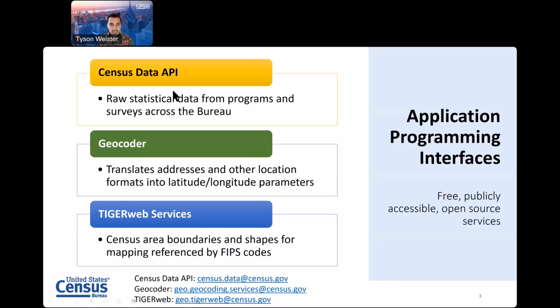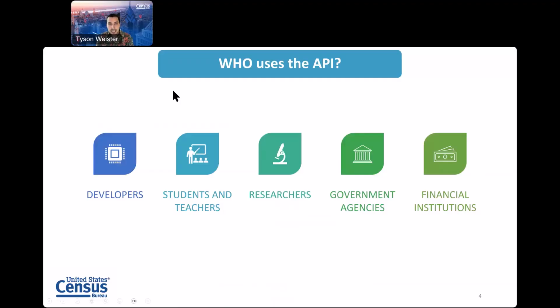Focusing in on the Census Data API, one of the common misconceptions is that it's only for developers. That's not the case at all. We'll be talking about different reasons why someone might want to use the API in just a moment, but we get data questions and find that it's of use for all kinds of different audiences: students, teachers, researchers, government agencies, financial institutions, just to name a few examples.